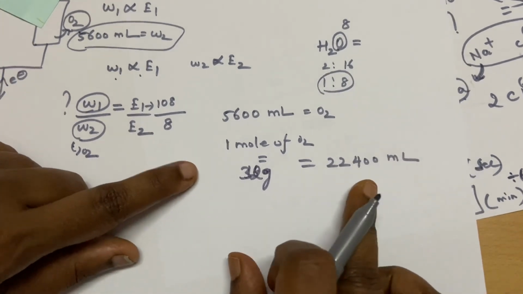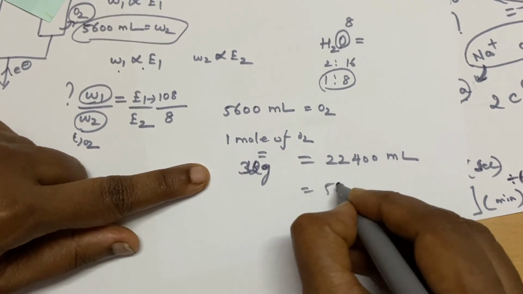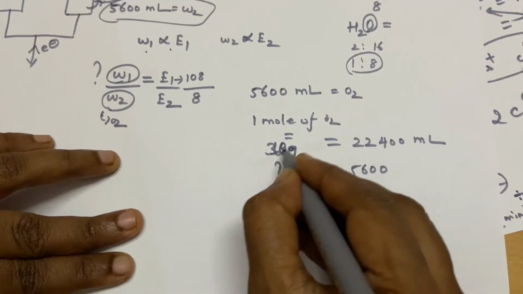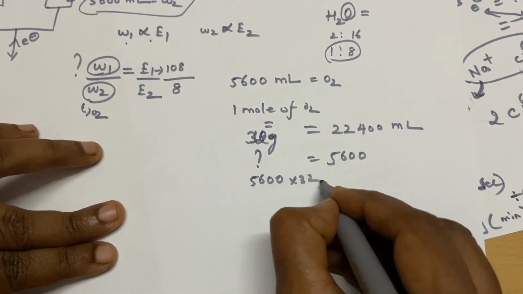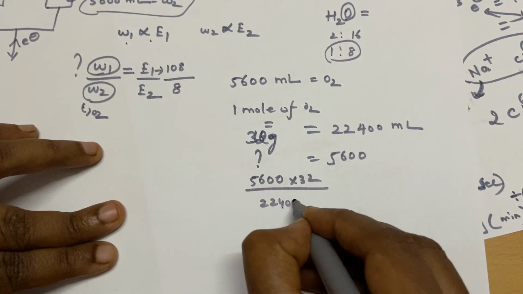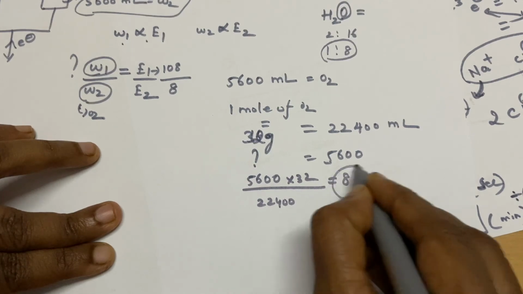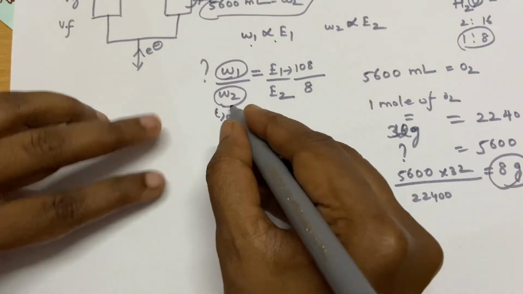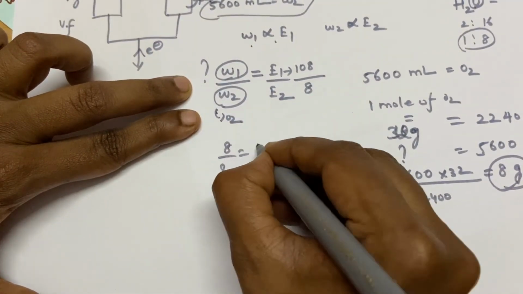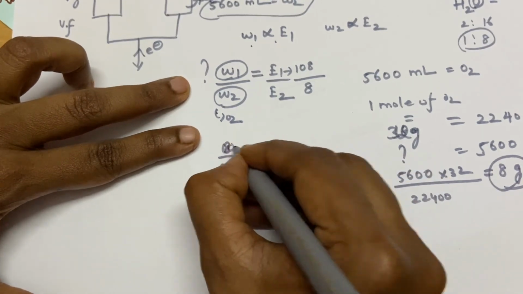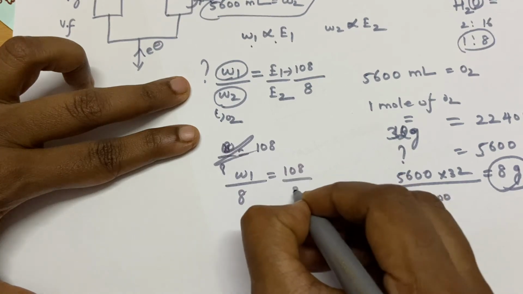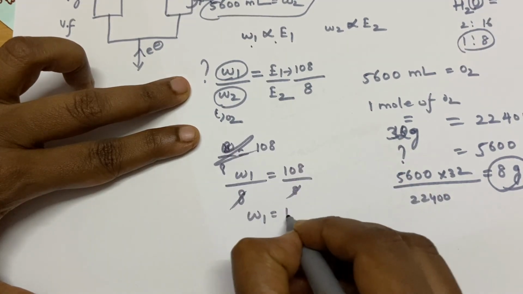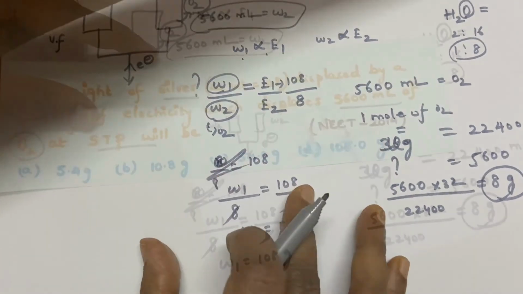So here, for 5600 ml, if you solve this, the weight of the oxygen that got liberated will be 8 grams. If you substitute, W1 by 8 equals 108 by 8, the 8s cancel out, so W1 is equal to 108 grams of silver.